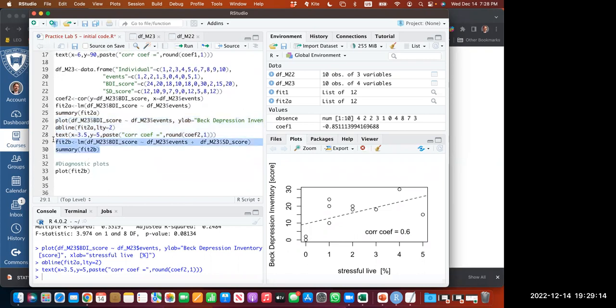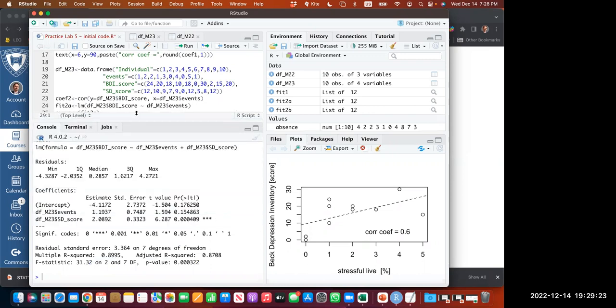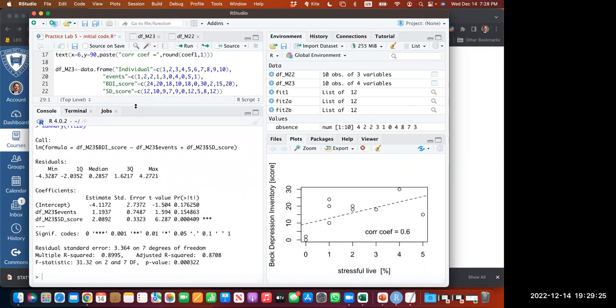followed by lines 29 and 30, which is fit2b. Now it's getting interesting, because this is a multivariable model that shows us two different variables, our life events and our sleep disturbance score. We know the results already from the SPSS output, but here it's just presented in R format.